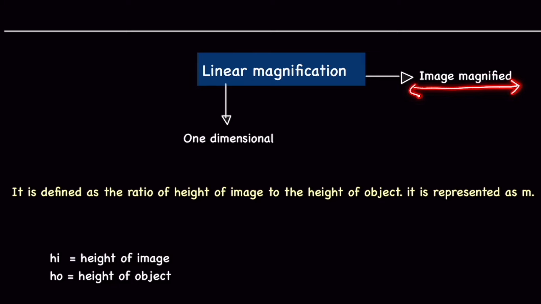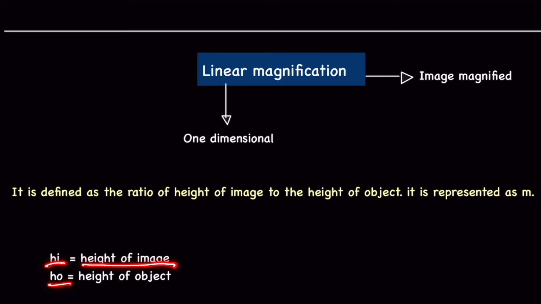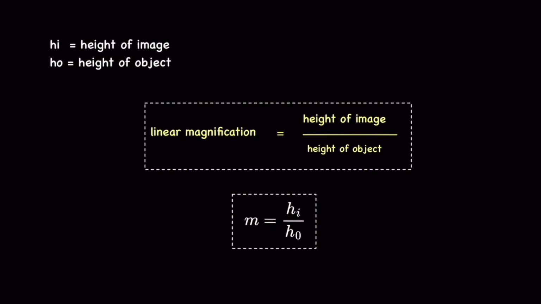So the definition of linear magnification is the ratio of height of image to the height of object. It is represented as a small m. Hi we represent for height of image, Ho we represent for height of object. So the formula of linear magnification is m = height of image by height of object, Hi by Ho.